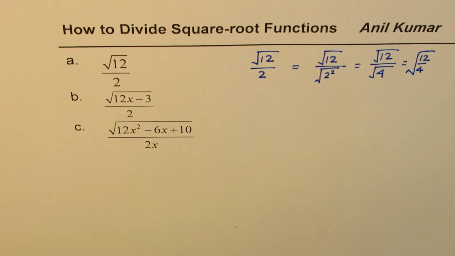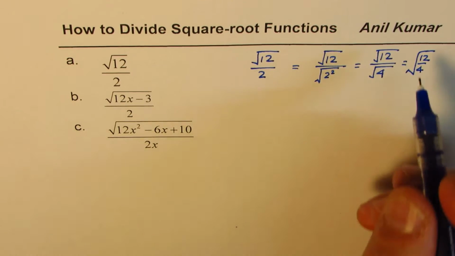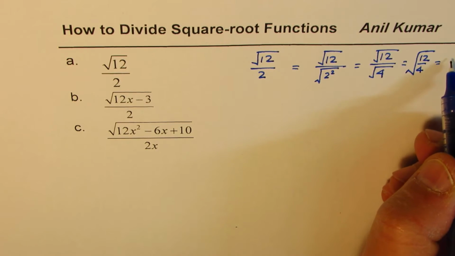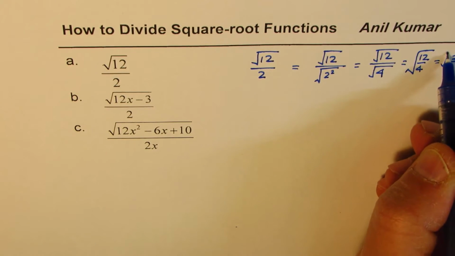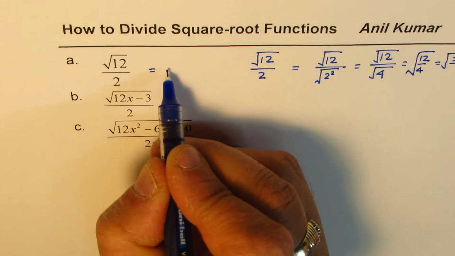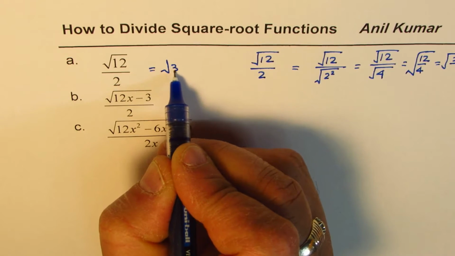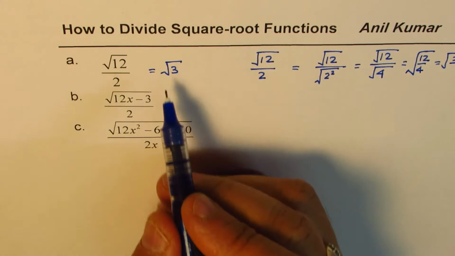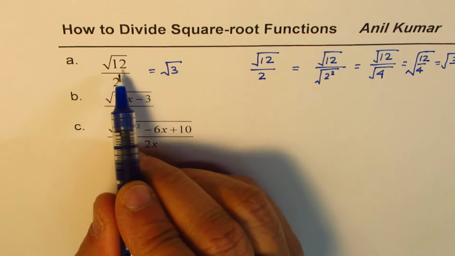I hope this sequence of steps helps you to understand the whole process. Now 12 divided by 4 is simple. It is 3, and so we get square root 3 as our answer. Correct? Now you can check this answer also. How?